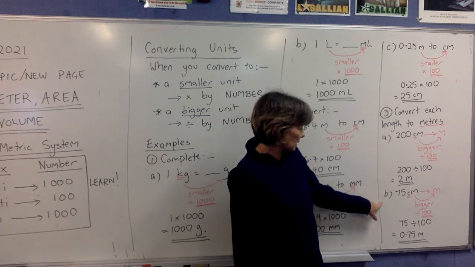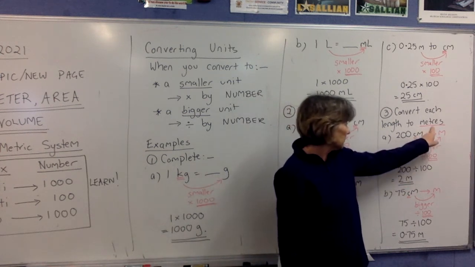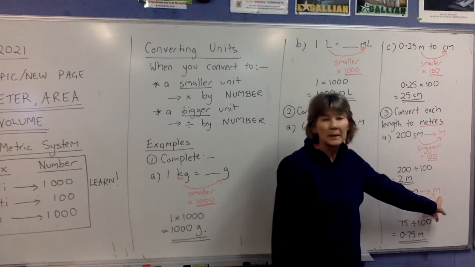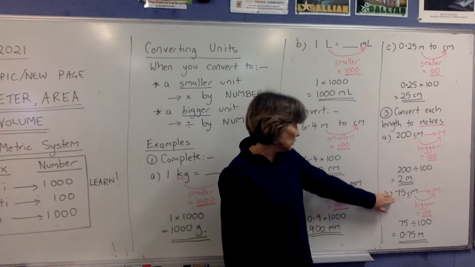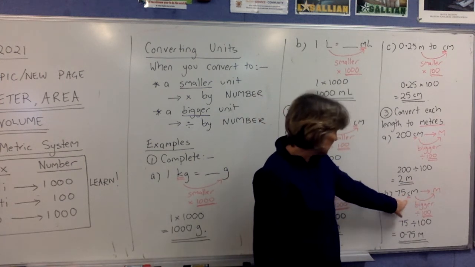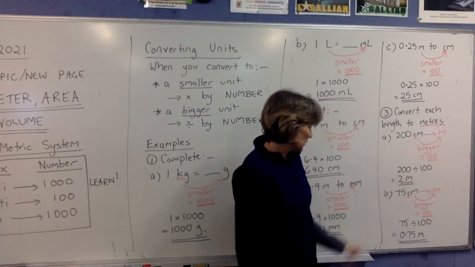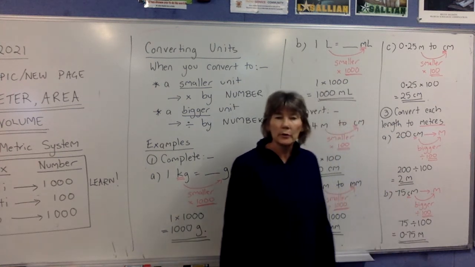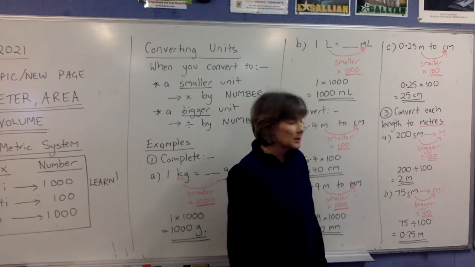Right, and the next question here, we're going from 75 centimetres to metres. Metres are bigger than centimetres. Go to a bigger unit, you divide. Look for your prefix, there it is, centi. We're dividing by 100. So 75 divided by 100 on your calculator is 0.75 metres.